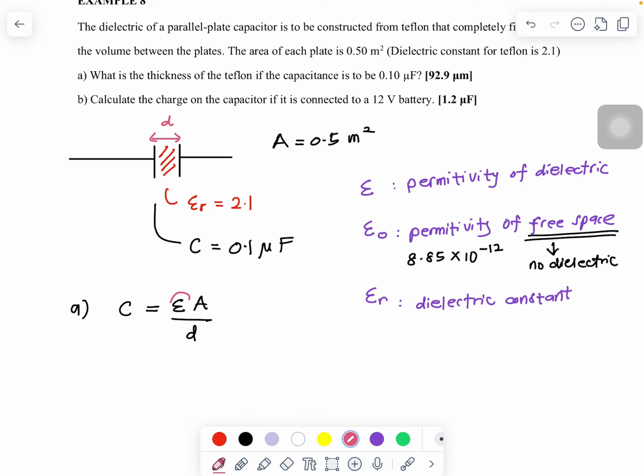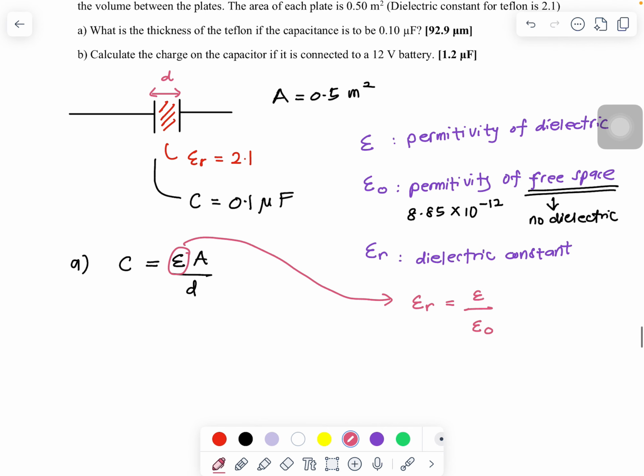Okay, because these three we can relate with one formula, which is epsilon r equal to epsilon divided by epsilon naught. Okay, ini ada formula untuk relate ketiga-tiga ni lah, because they are all related.